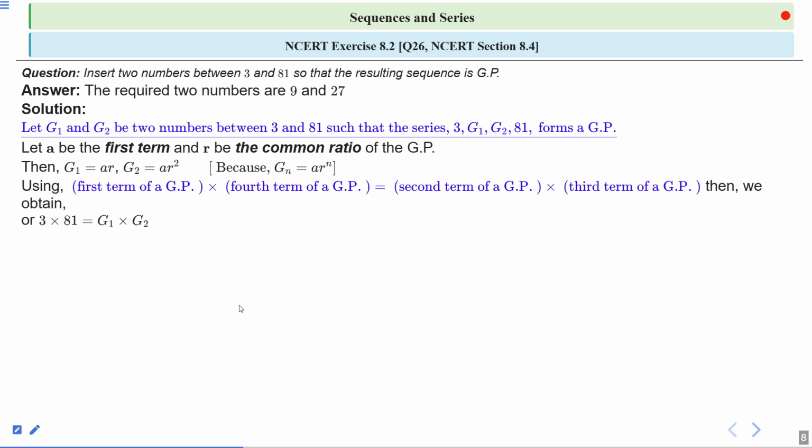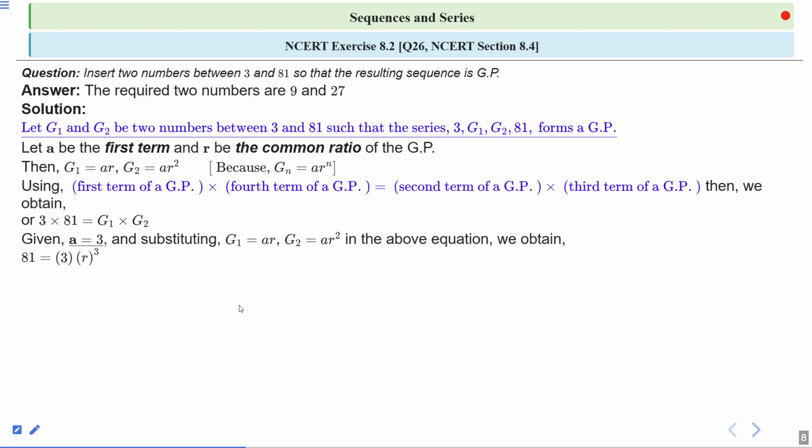So we obtain 3 multiplied with 81, since our first term is 3 and the fourth term is 81, equal to the second term multiplied with the third term. Here the second term is G1 and the third term is G2. So we obtain 3 multiplied with 81 equal to G1 multiplied with G2. Clear?